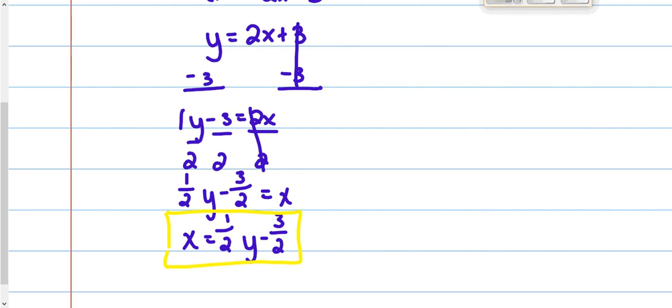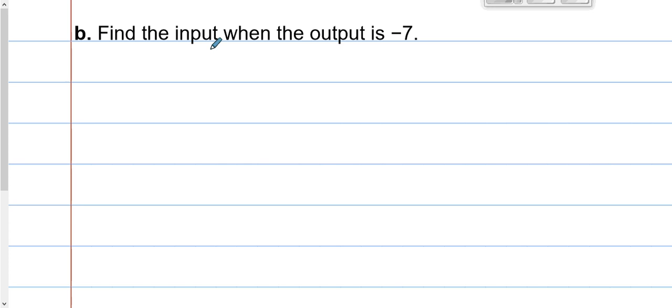All right, let's do another one. This one says find the input when the output is -7. Well, let's write down what we found here. We have x equals 1/2 y minus 3/2. And so input and output.